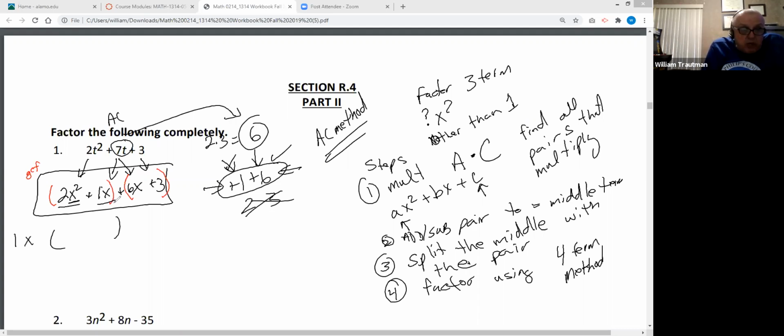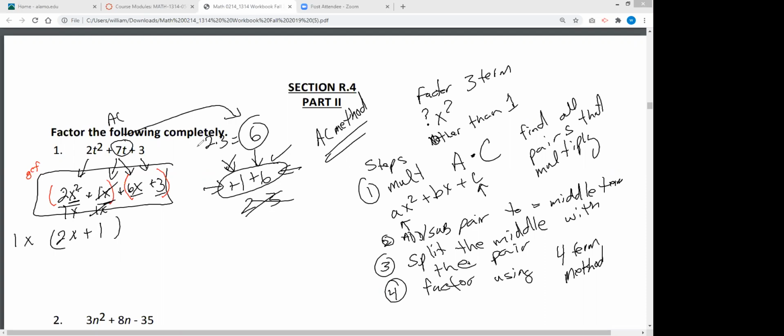The lowest power x is x. If I divide both of these by 1x, 2 divided by 1 is 2, x squared divided by x is x. These cancel. 1x divided by 1x, it doesn't turn to 0, it turns to 1. X divided by x is 1. Here, the GCF, can somebody tell me what I can factor out of here? The second parentheses? Anybody? 3. Yeah, 3 factors out.